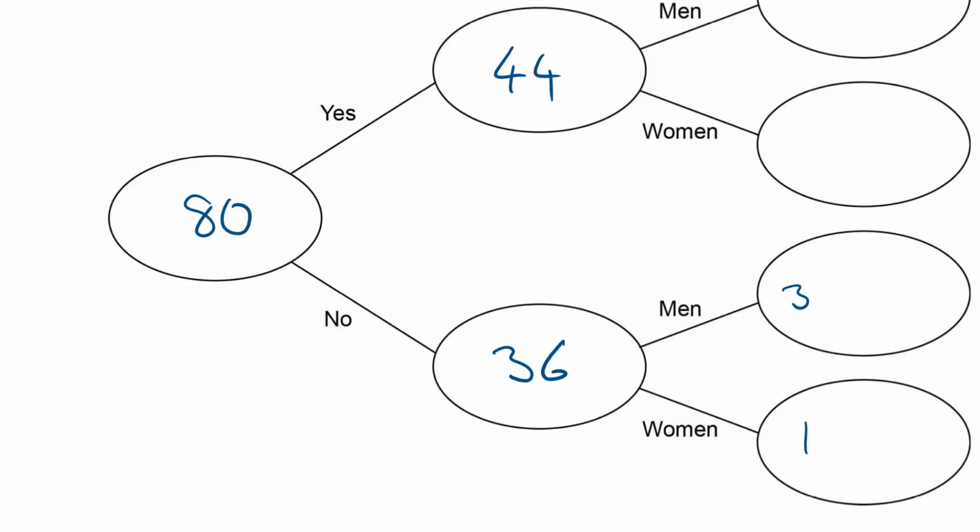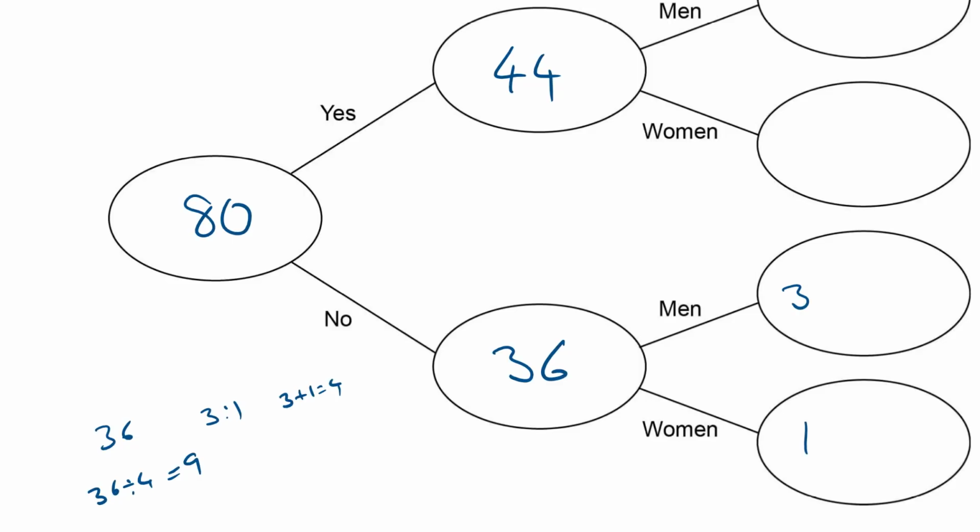In other words, I want to take the number 36 and I want to divide it into the ratio of 3 to 1. Now, 3 plus 1 is 4, so if I take 36 and I divide it by 4, I'm going to get 9. That tells me how many shares each person is going to get.